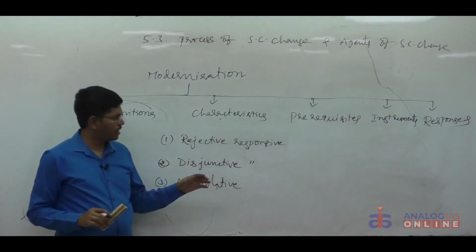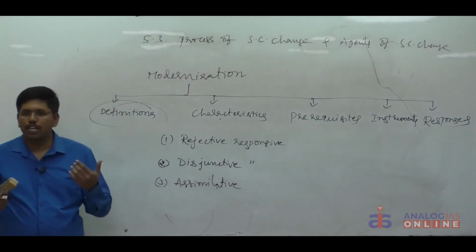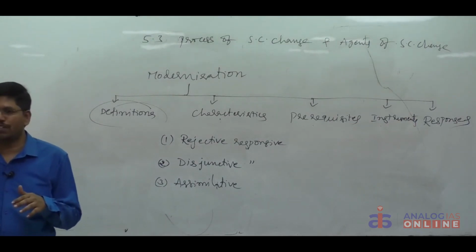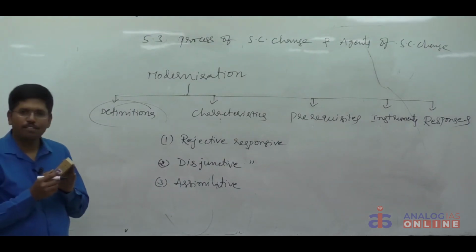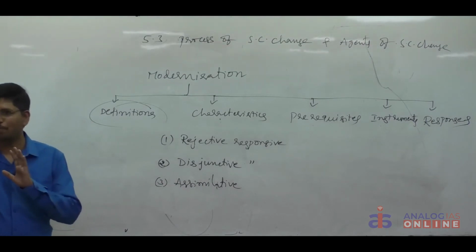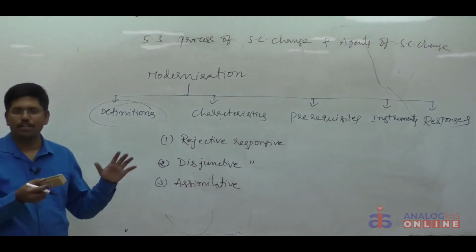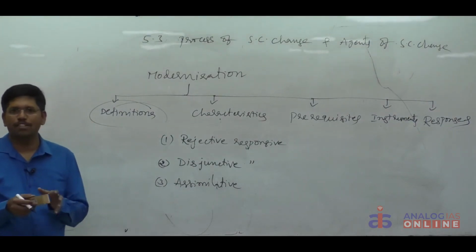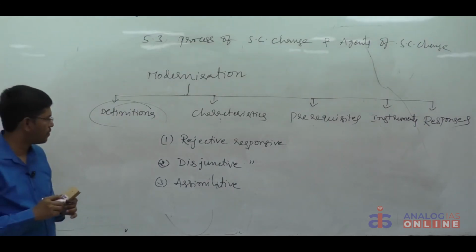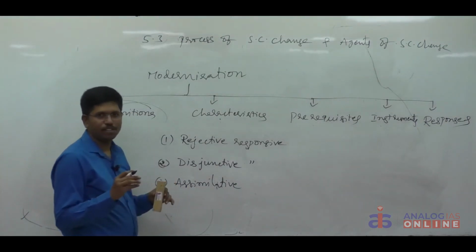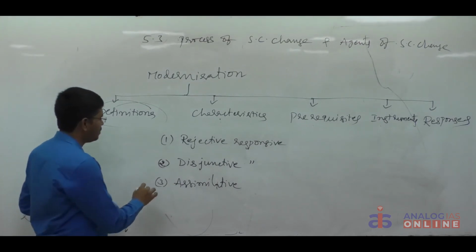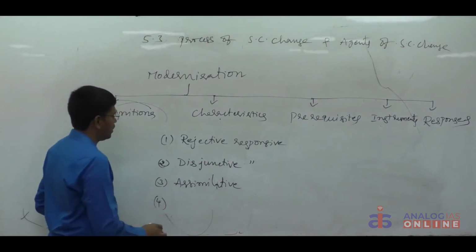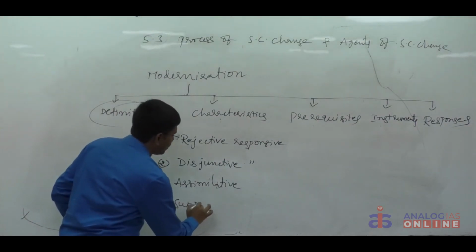In such areas, the modernized elements are assimilated into traditional fold. That means the people started worshipping tractors also instead of bulls. At the time of beginning cultivation, we used to worship the tractors also by applying turmeric paste, saffron powder, everything. Assimilative response.